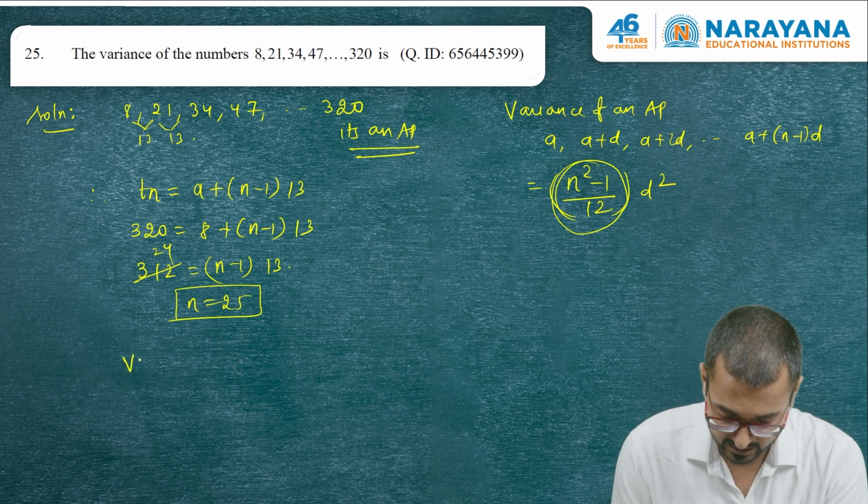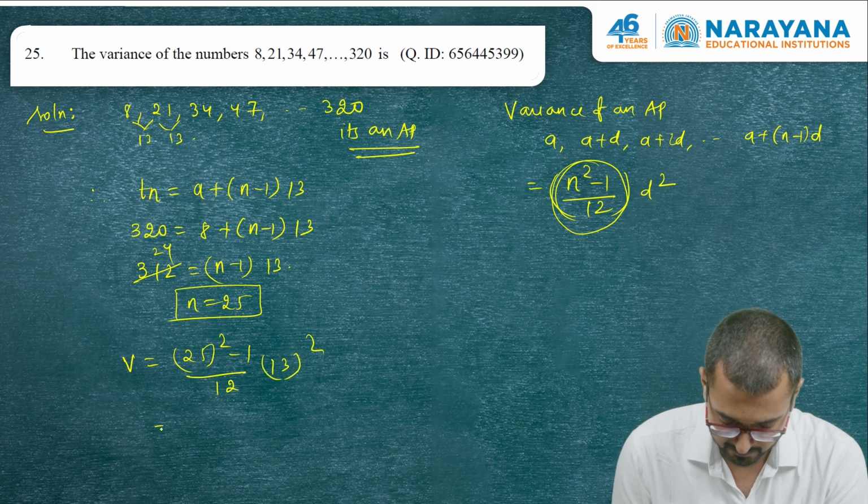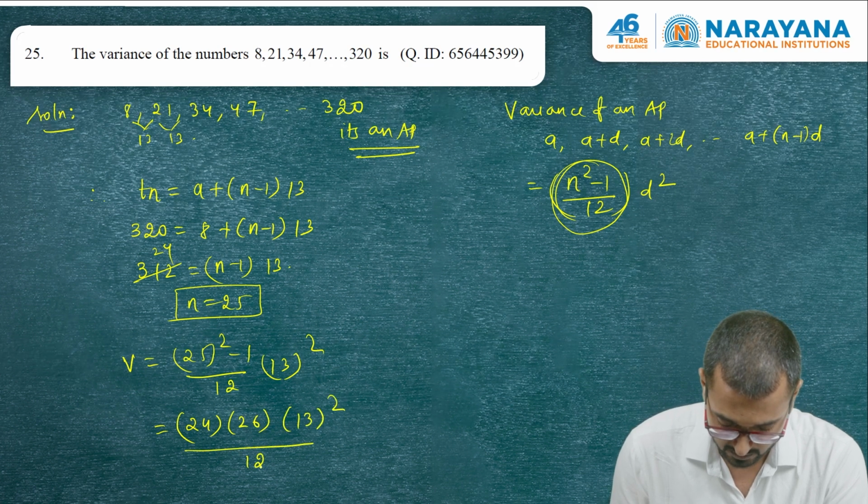Now we want the variance, so variance will be simply (25 square minus 1) over 12 into 13 square. 25 minus 1 gives 24 and 25 plus 1 gives 26, then 13 square over 12.